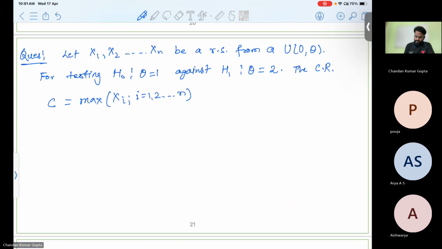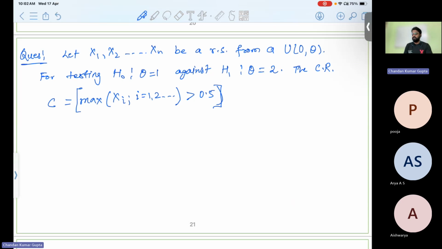Okay, sorry. The maximum of Xi is greater than 0.5.